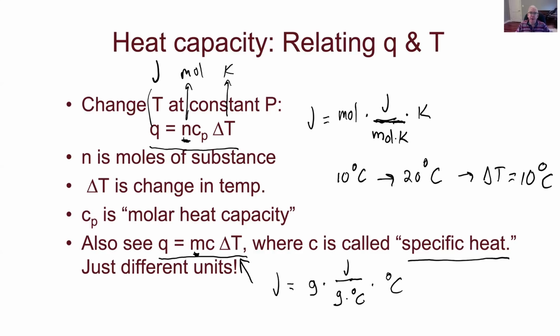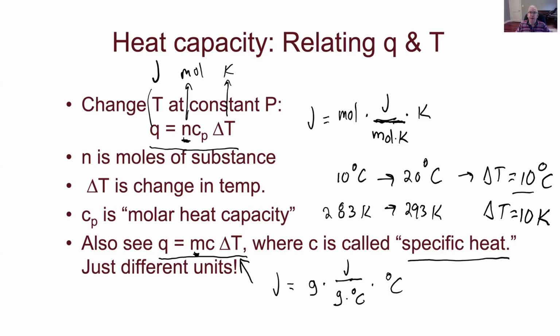Suppose I did the same thing, but I wrote my temperatures in Kelvin. In Kelvin, this would be 283 Kelvin, and I'd heat it up to 293 Kelvin, right? So now my delta T for that is, in fact, 10 Kelvin. All right. Some of you at times will find yourselves tempted to say, well, delta T is 10 degrees C, so therefore it must be 283 Kelvin.